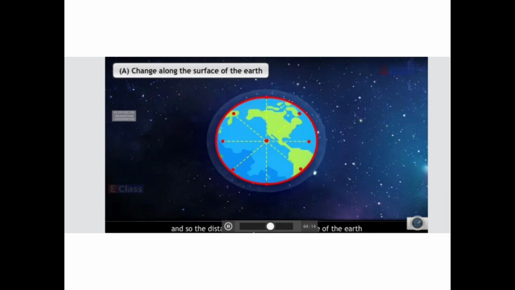Its shape is not exactly spherical, so the distance between the point on the surface of the earth from the center differs little bit from place to place. So due to its rotation, the earth bulges at the equator and flattens at the pole.